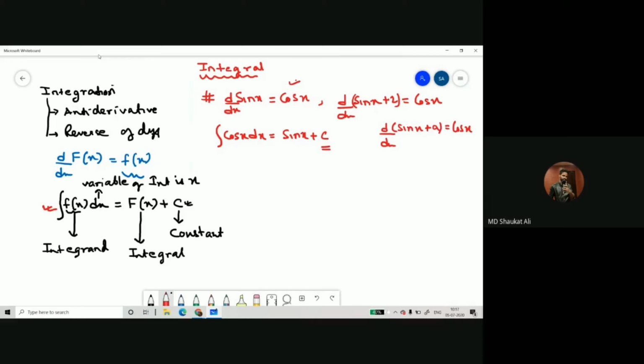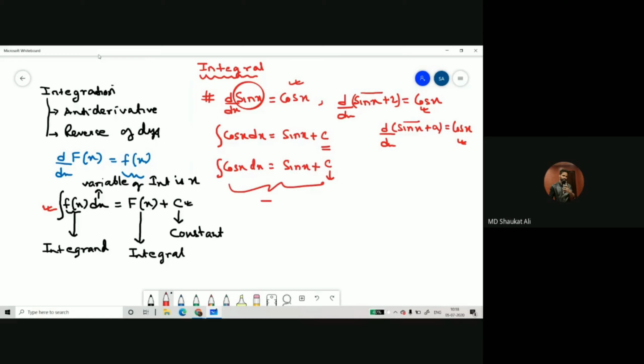So in all three cases, the outcome is the same. So if you write that integration of cos x dx equals sin x, we don't know which was the original function, whether it was this, or this. So we write plus c.